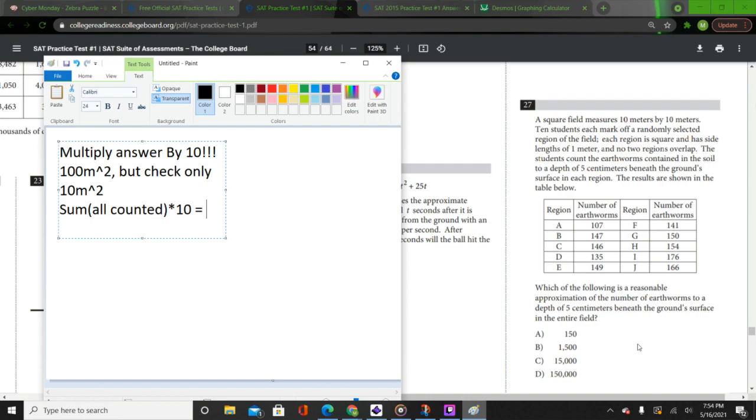So 10 plus 15 plus 15 plus 15 plus 15 plus 15 plus 15 plus 15 plus 20 plus 20.